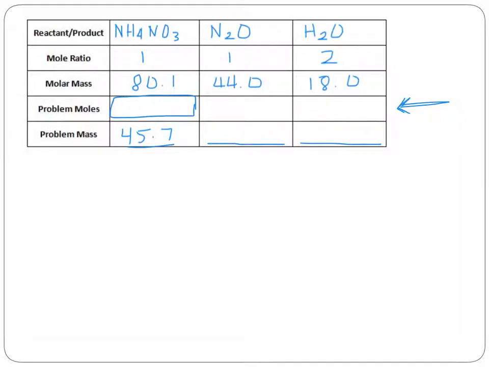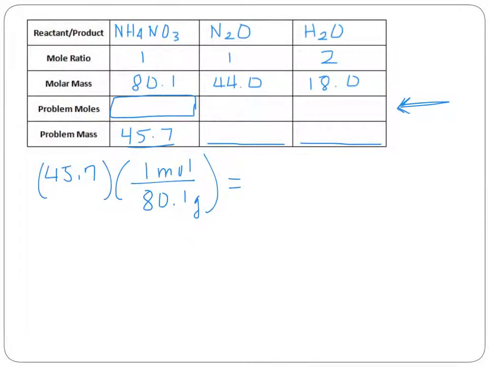45.7 grams. And so we'd have our 45.7 grams of ammonium nitrate, and you want to multiply that by the fraction, the unit conversion fraction, that would give you the amount of moles that is. And so we're comparing our grams per mole, and if you do this multiplication out, you'll see that you have 0.571 moles.